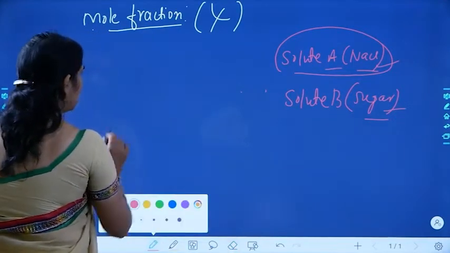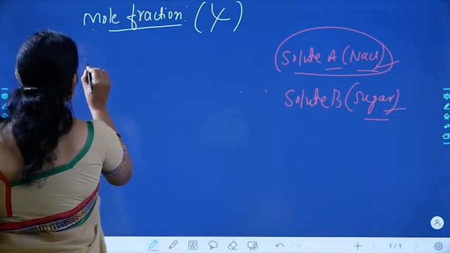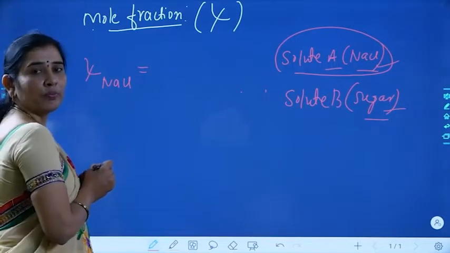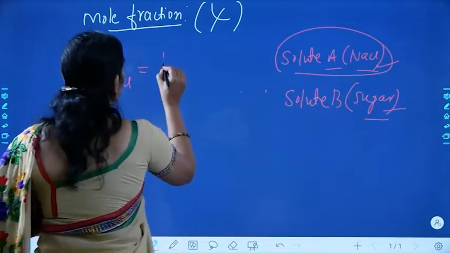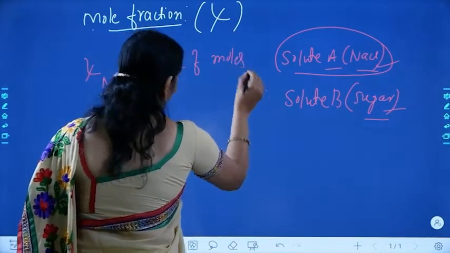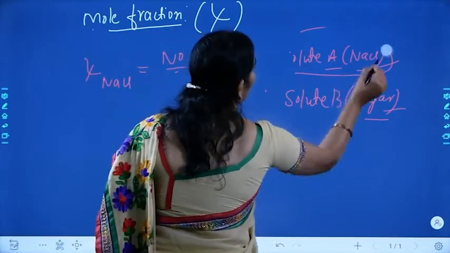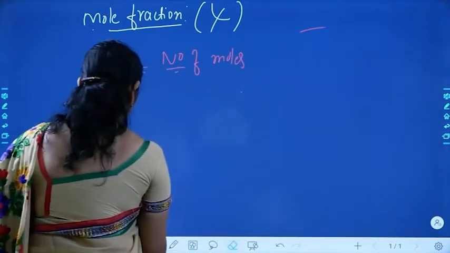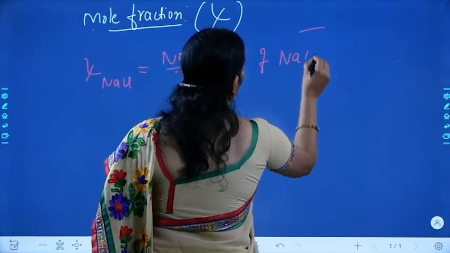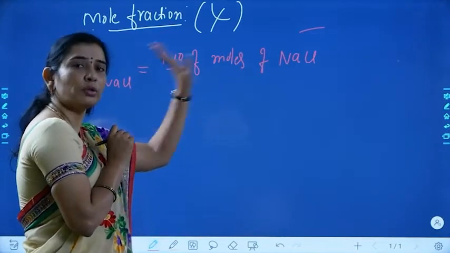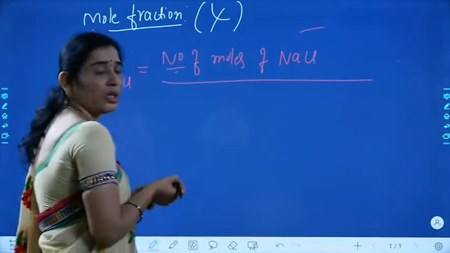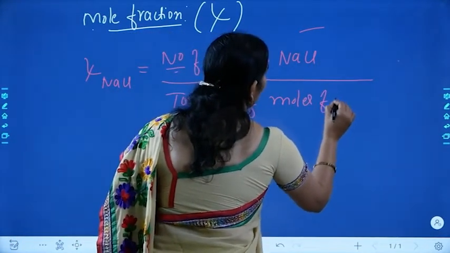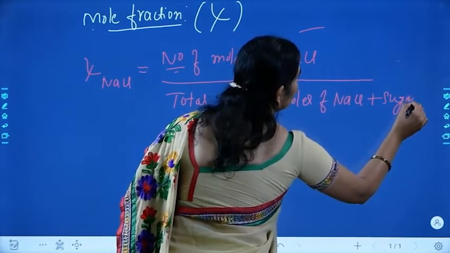So I will express the mole fraction with respect to sodium chloride like this: mole fraction of sodium chloride is equal to the number of moles of sodium chloride, because I am interested in determining only the amount of sodium chloride present, to the total number of moles of NaCl plus sugar present in the solution.